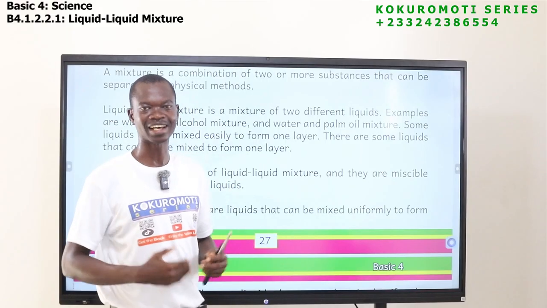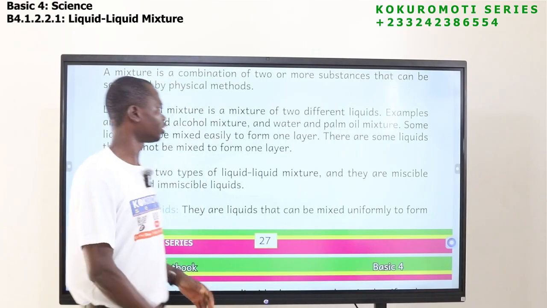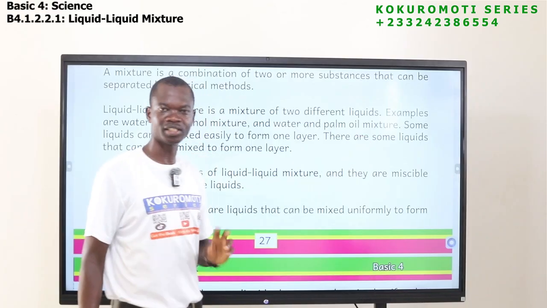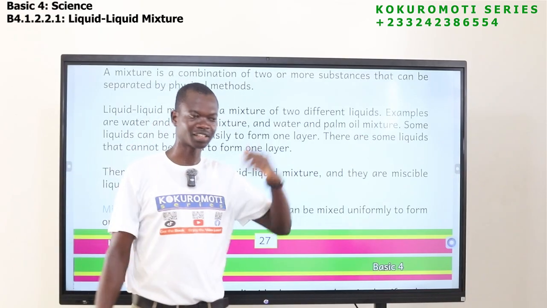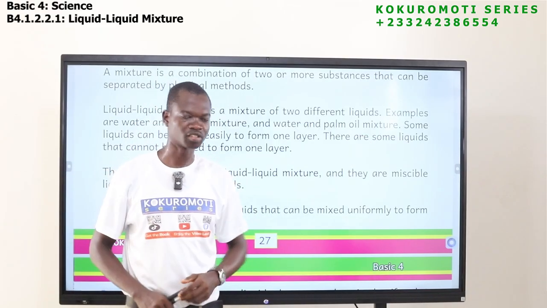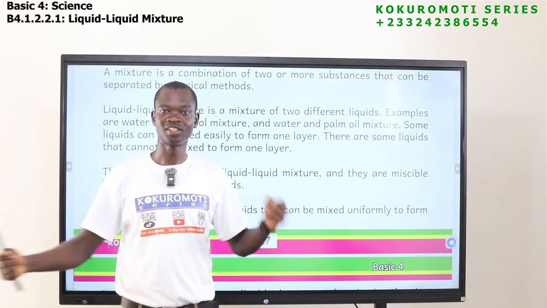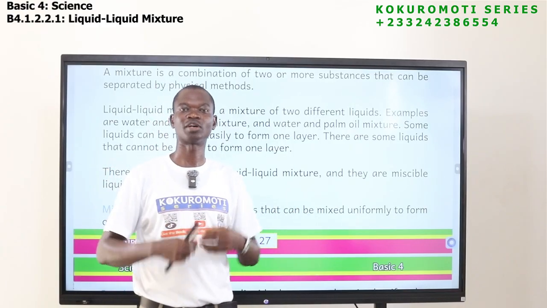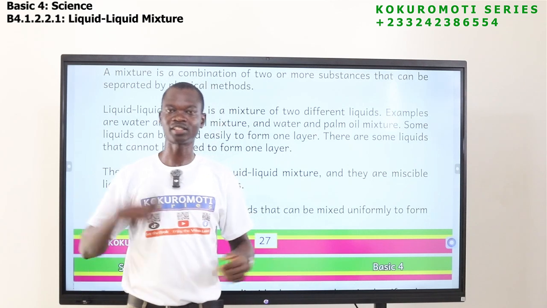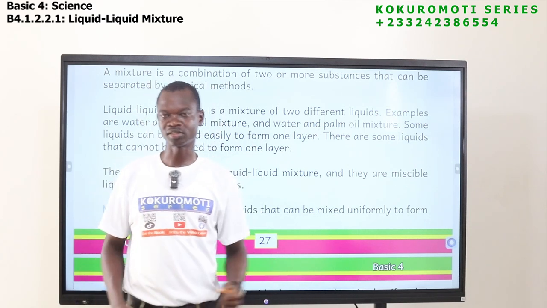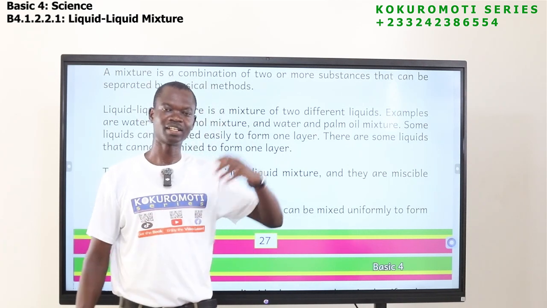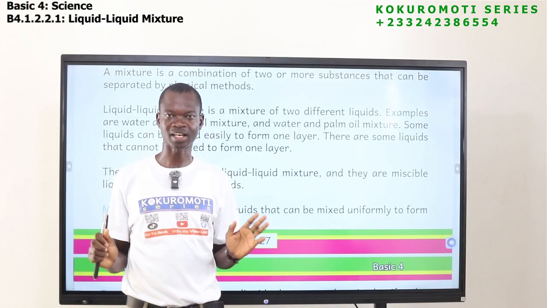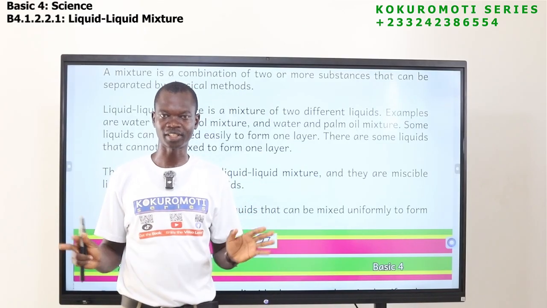Please, if you have a glass of water, another glass of water, and you mix them, that is not a mixture, because it is the same thing you have put together, but we are talking about two different liquids. So let's say a glass of water and then a glass of fruit juice. If you mix them, that is a mixture because the components are different.